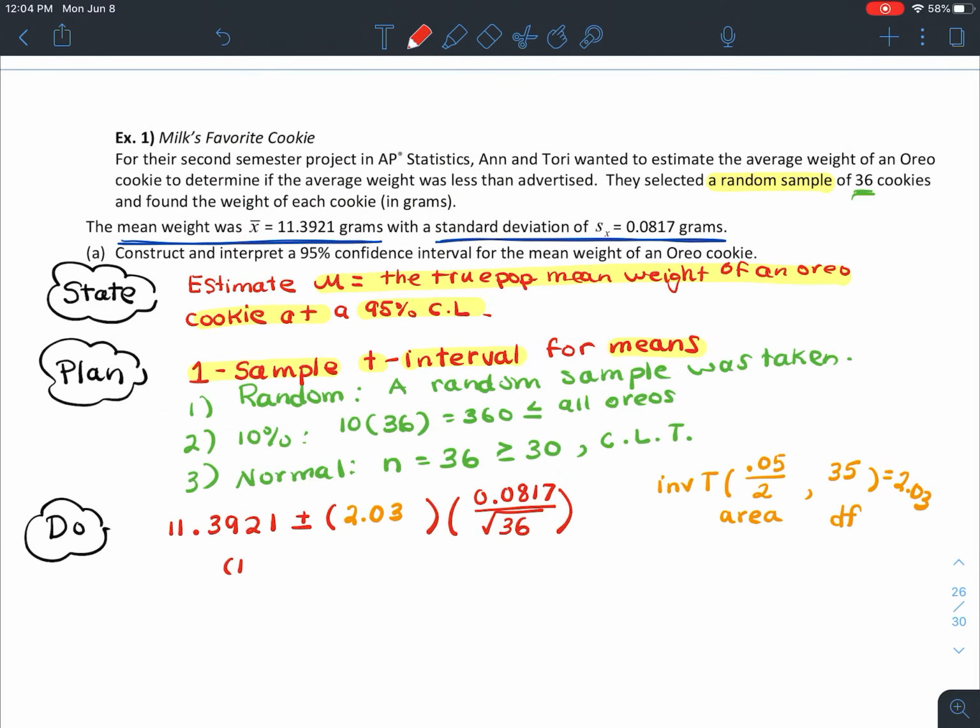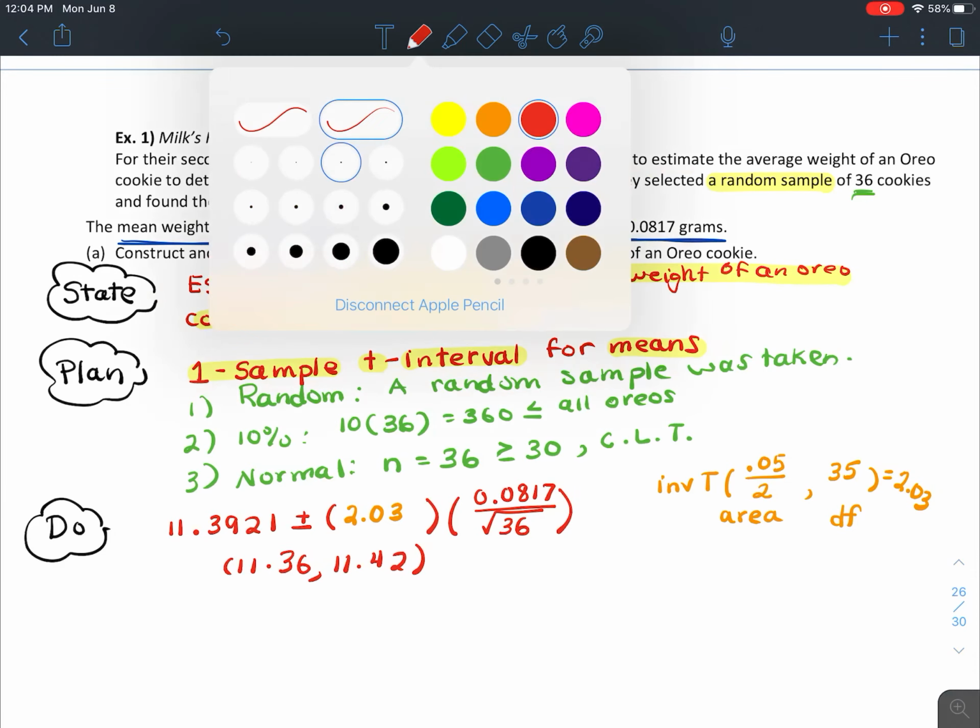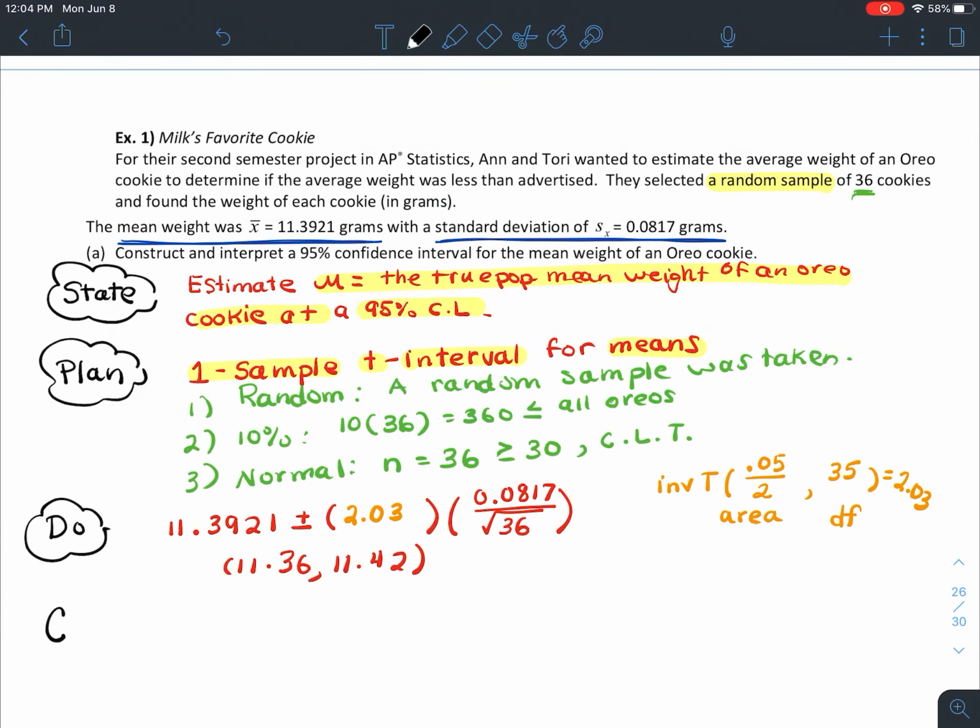Okay, I did not use inverse norm. These are not z-scores as they were with sample proportions. These are instead t-scores. Okay, there I've got my confidence interval, and so I want to draw my conclusion here, and I definitely want to use context and that template that we hopefully now are so familiar with.